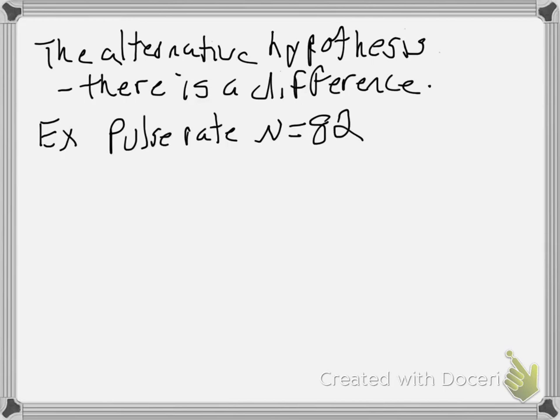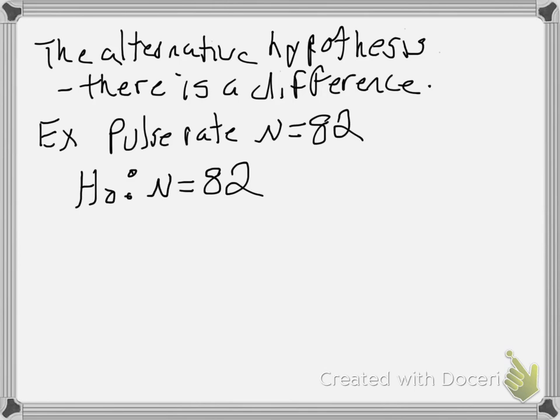Our null hypothesis, or H0, would state that mu is 82. There is no difference between what you found for mu and what the actual mu is.